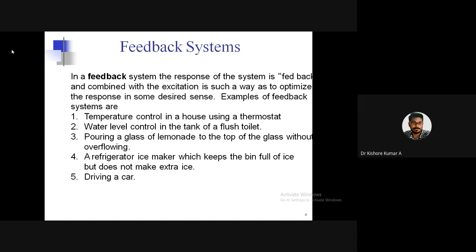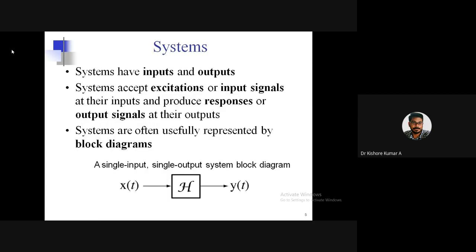For example, part of the output is taken and given to the input, so that any necessary corrections to the output response can be made with the help of feedback systems. Like temperature control in a house, water level control, pouring a glass of lemonade, as discussed in the previous classes. These are some examples of systems.